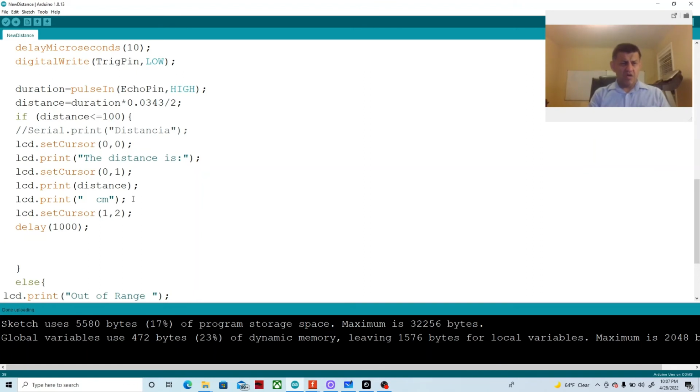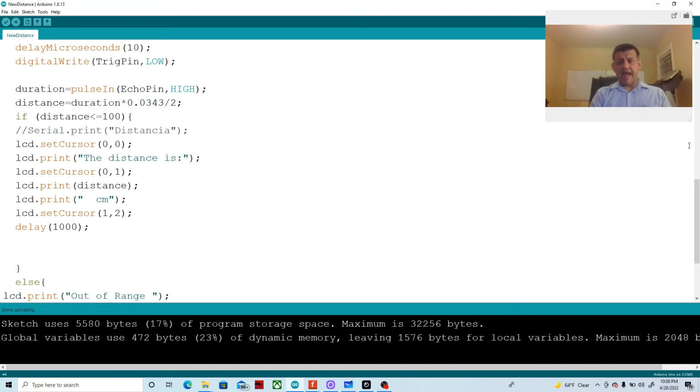But anyway, right here you can see, and then print centimeters, and then LCD set cursor to 1, 2, right? Then delay, right? So let's do that.